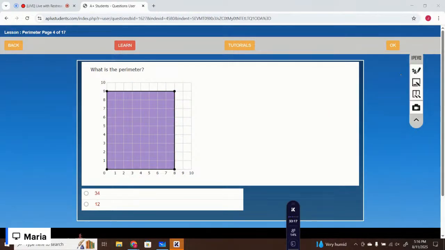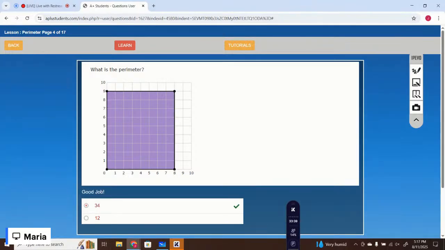That is 34. Option number 1 is the correct option.